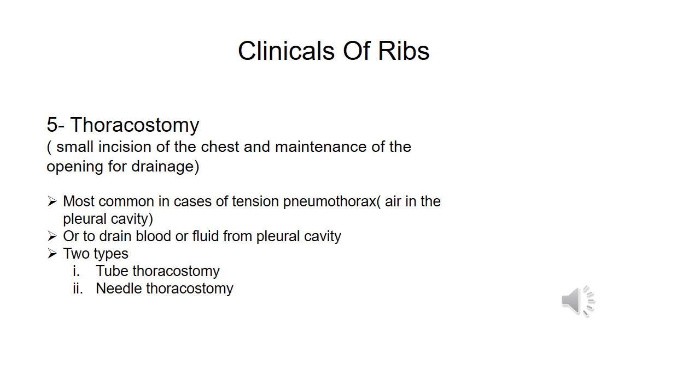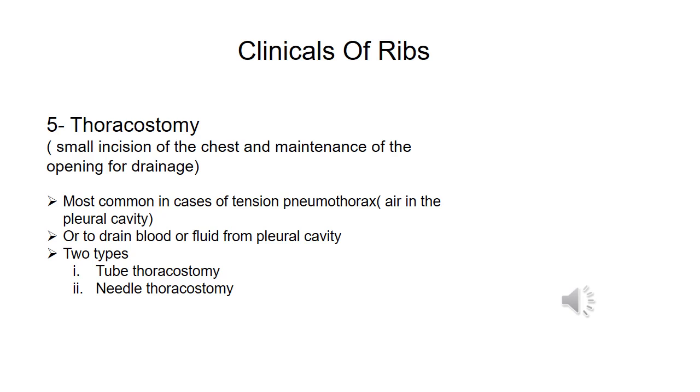or it may be used to drain fluid away from the pleural cavity to allow the lung to re-expand. It may also be necessary to withdraw a sample of pleural fluid for microbiological examination. Thoracostomy may be of two types: tube thoracostomy or needle thoracostomy.